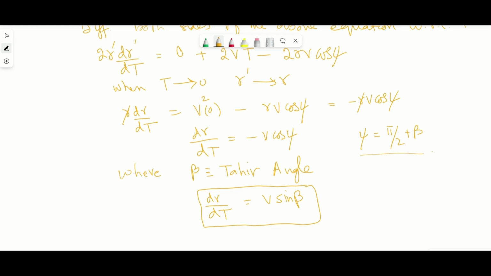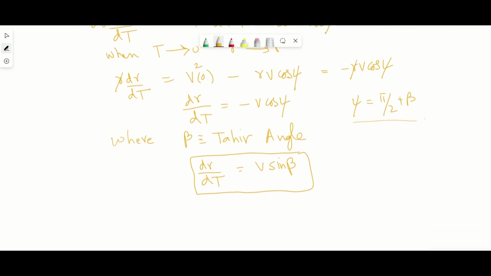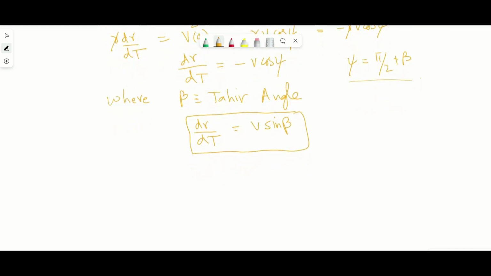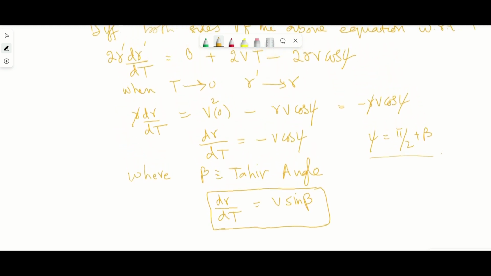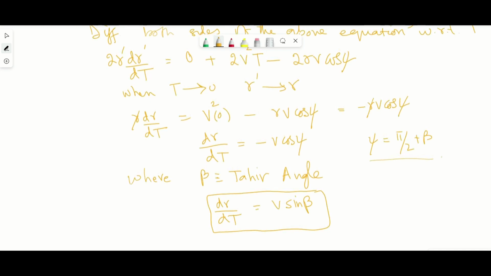Okay, so we have established one part of the establishment of Tahir angle. Now we will go to the next part. In order to get the next result, we need to prove an intermediate identity that is necessary for the derivation of the other part. Okay, so for the derivation of that intermediate identity, we will consider the same equation before putting the limits as gone above.